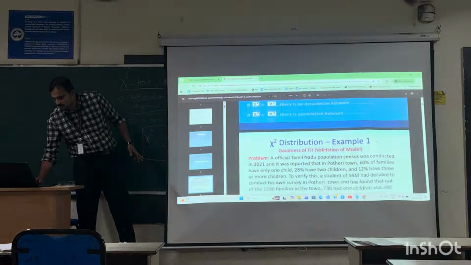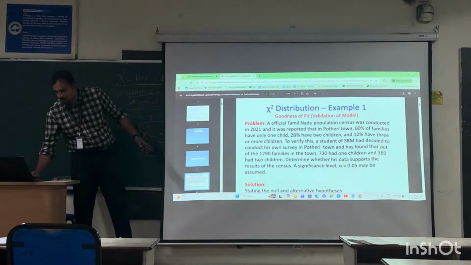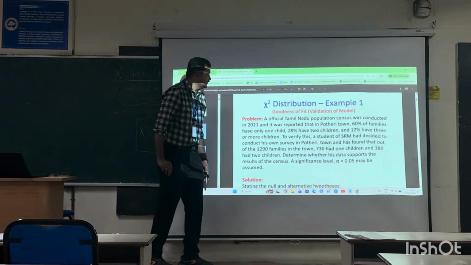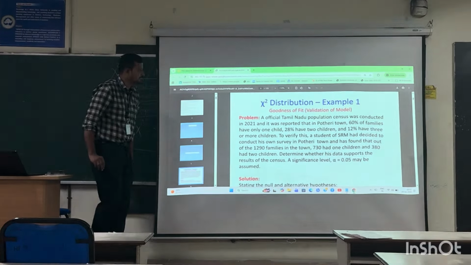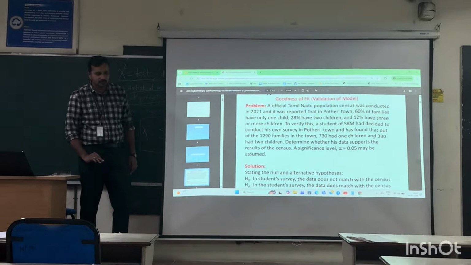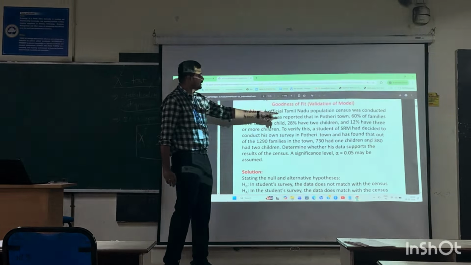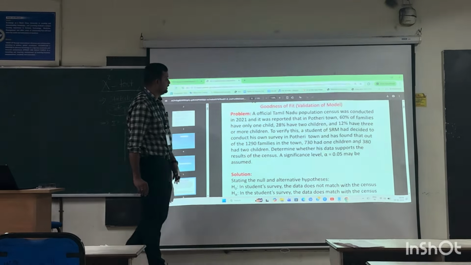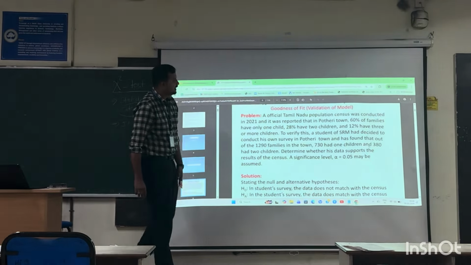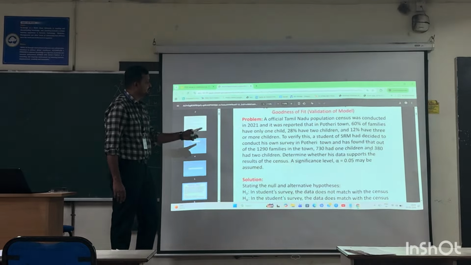Some problems are there that you can work on, already discussed: goodness of fit, the validation of a model. An official from the Tamil Nadu population census conducted in 2021 reported that in Pateri town 60% of families have only one child, 28% have 2 children, and 12% have 3 or more children.